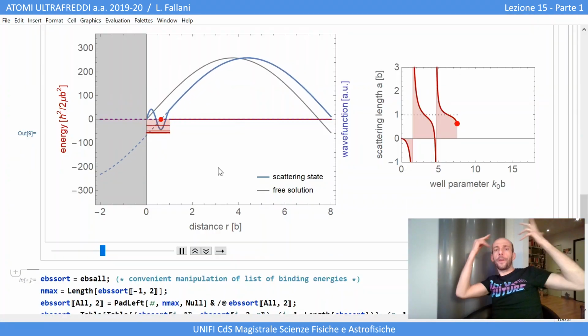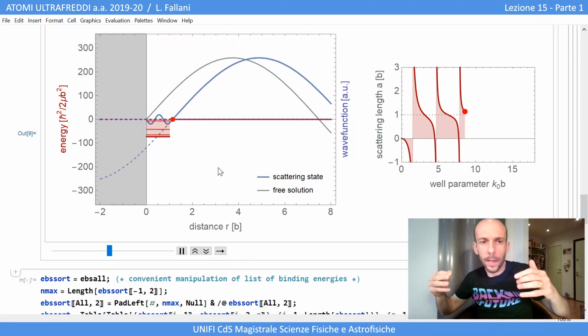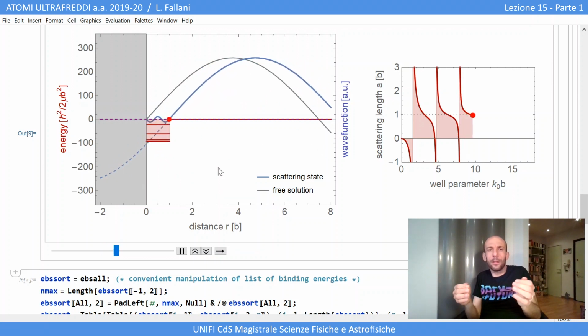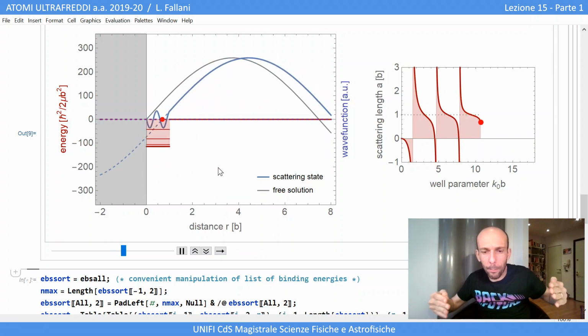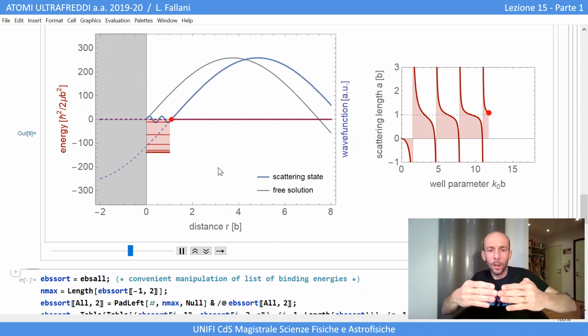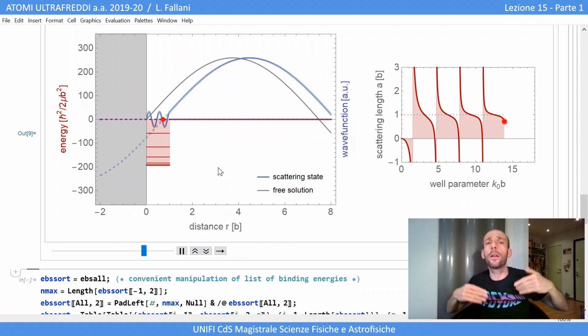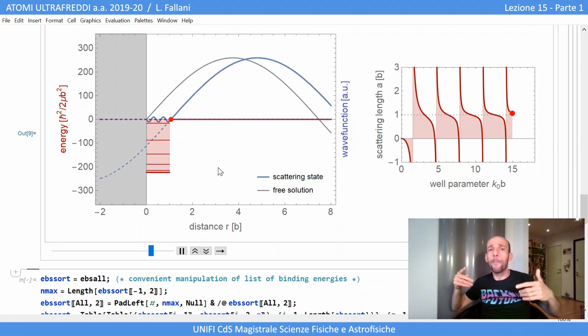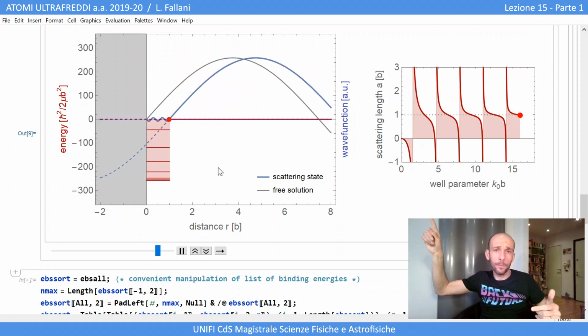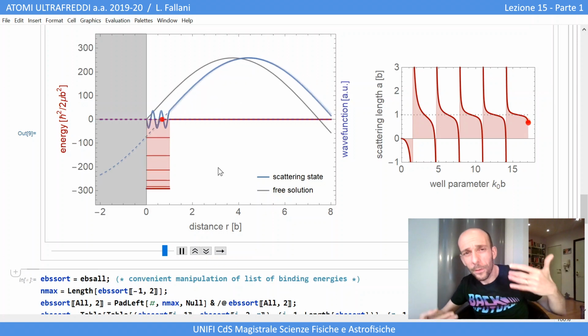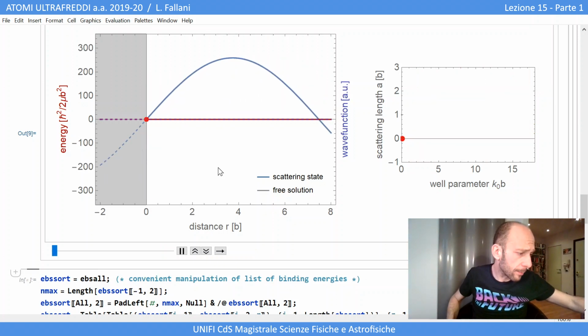Because one could think naively that, yes, the scattering cross-section can be amplified when the two atoms come close together and their energy is quasi-resonant with a bound state, but then why should I have a positive scattering length? This is already something that is more difficult to be explained.